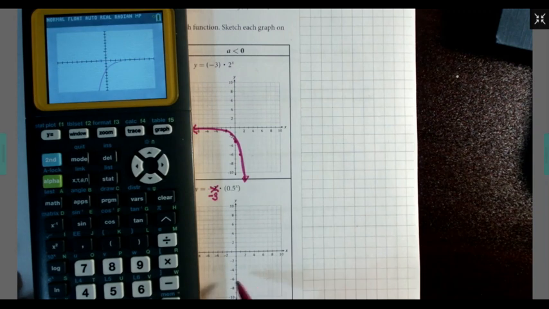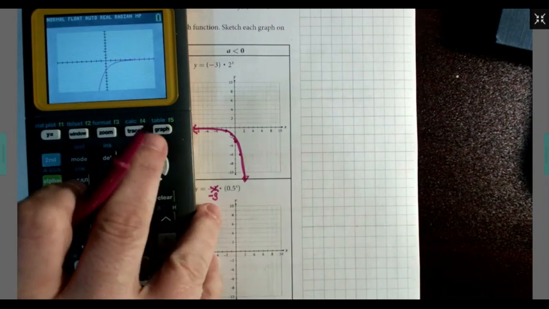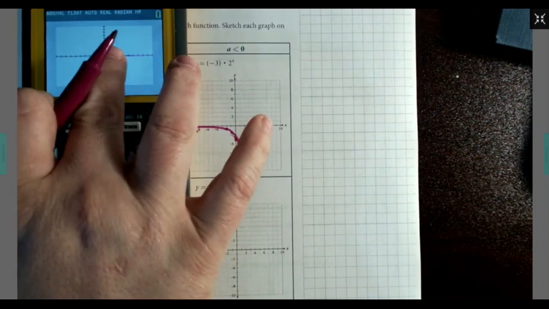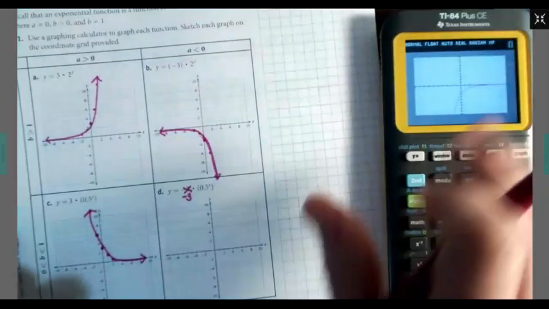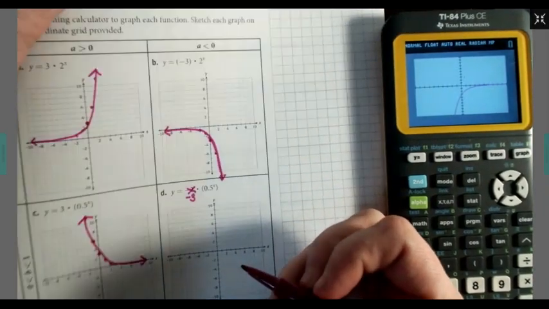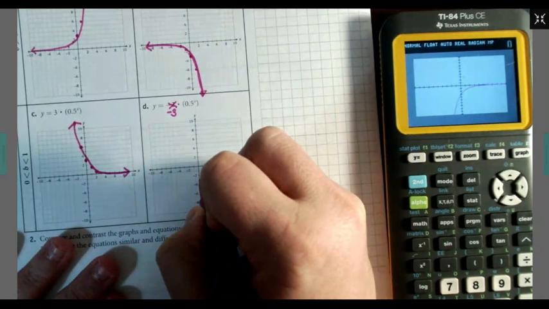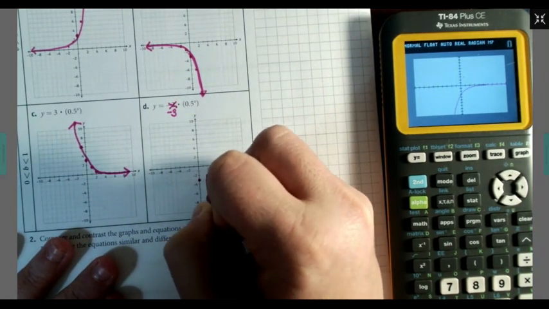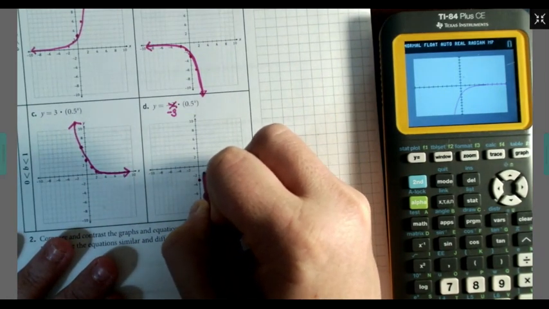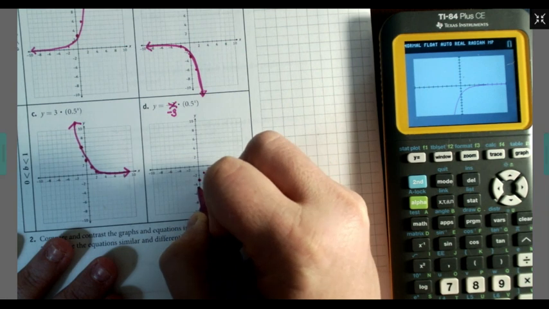If I have to take a guess, I think it's going to be on here somewhere, right? Oh, that's what it looks like. It's coming up this way. So we're here. Got something like this going on.